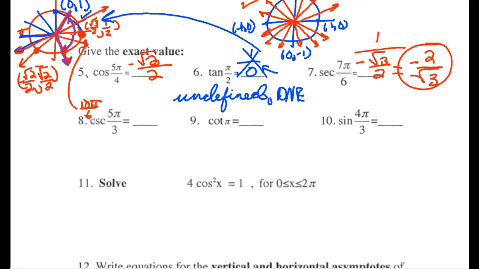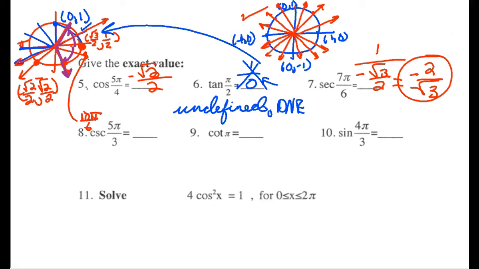The sine up there, I'm going to scroll a little bit more here so you can see it. The sine right there is 1/2 over, and it's higher up, so root 3 over 2. And the sine is root 3 over 2. Keep in mind, though, I am down here in quadrant 4, so that sine's going to be negative.